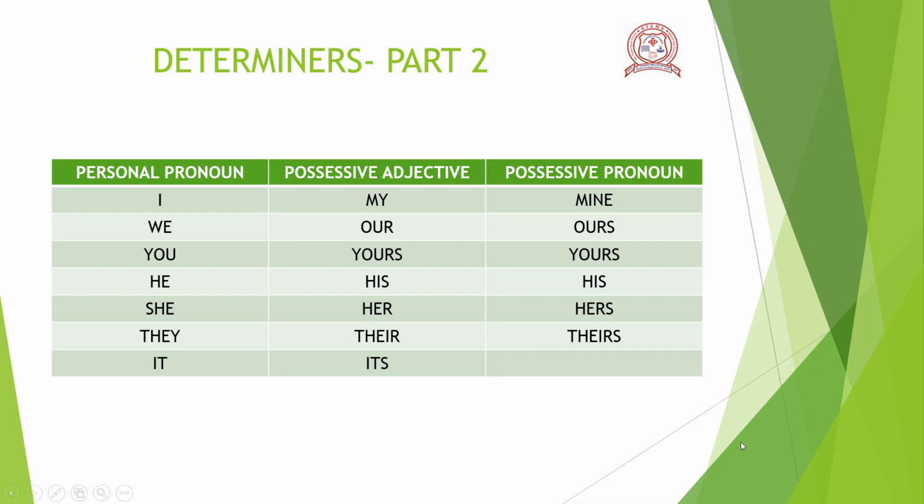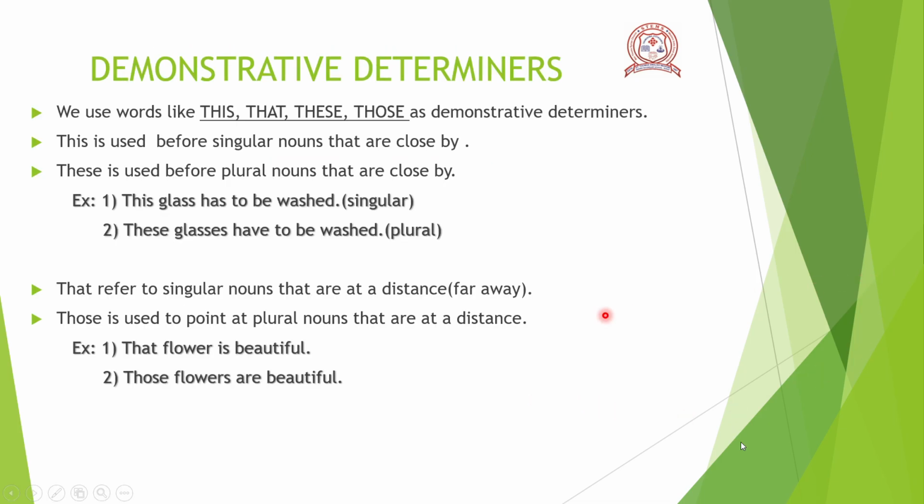Moving on, now coming to demonstrative determiners. We use words like this, that, these, those as demonstrative determiners. Which are the words this, that, these, and those.